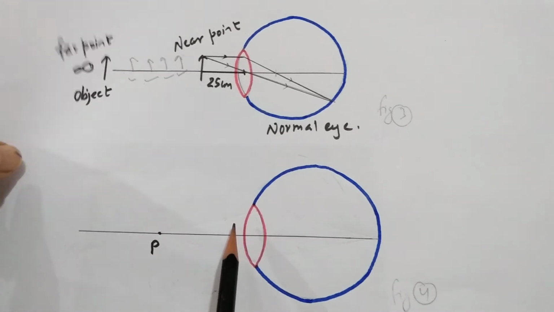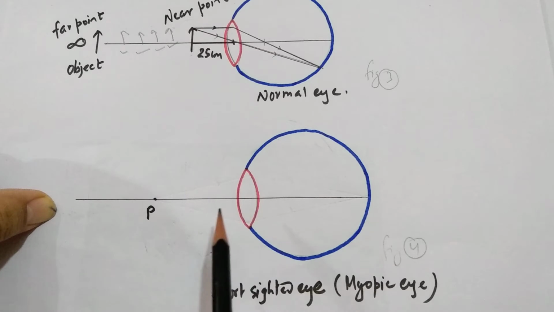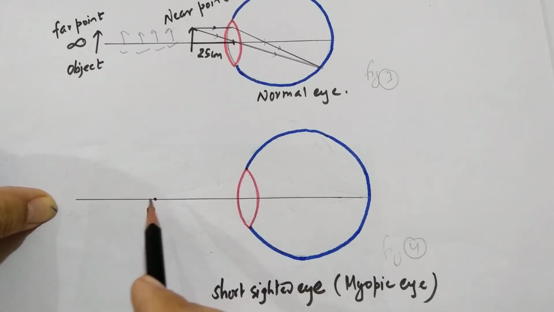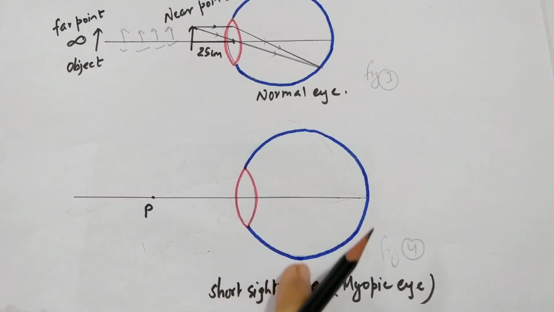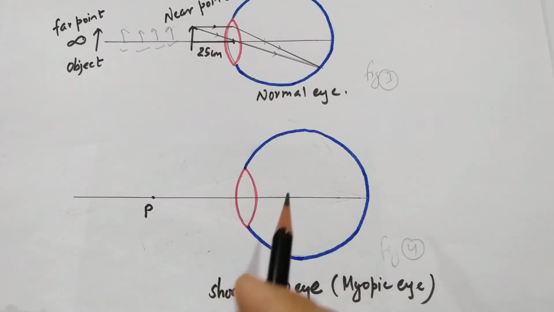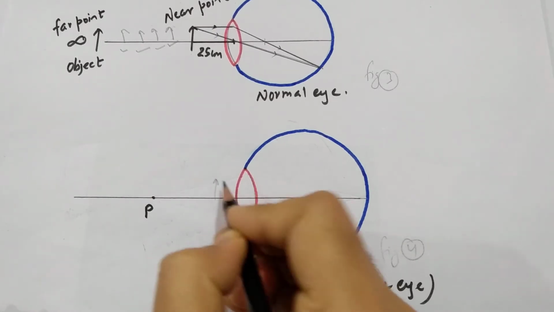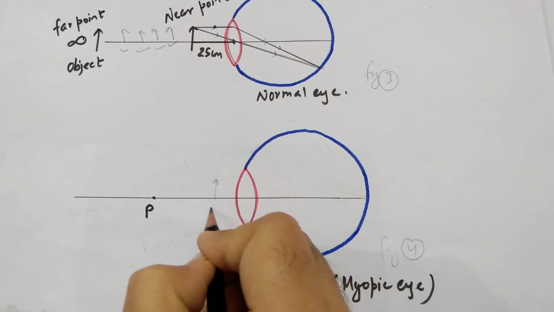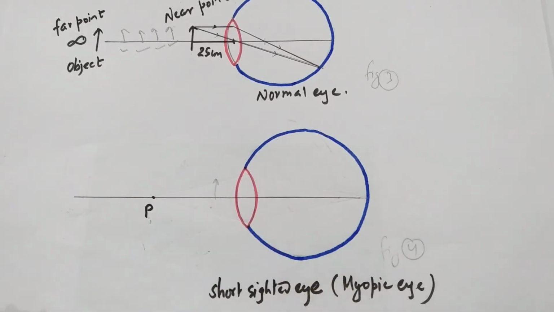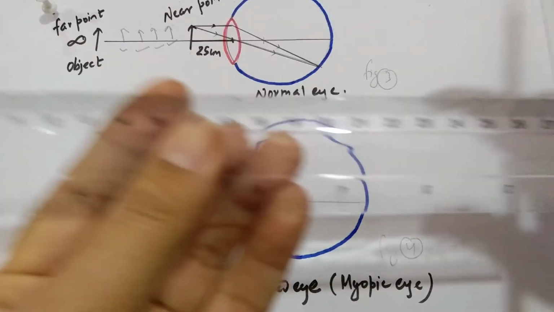If this is the myopic eye, then the new far point is at point P. And for this myopic eye, if this is the near point, its range of vision is from the near point to its far point. Now let's draw a ray diagram for this myopic eye.